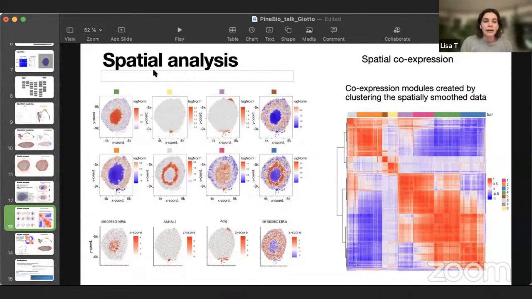And here is the expression of the metagenes on our tissue. You can see that they all have different patterns of expression. Some are specific to the inner medulla, some are specific to the outer medulla, and some are specific to the cortex, although not quite, because it's really a mixture of cells. And we can go from the metagene level to the single gene level if we want to.